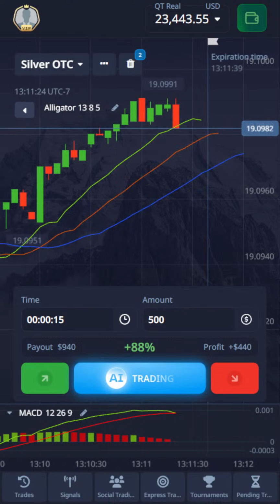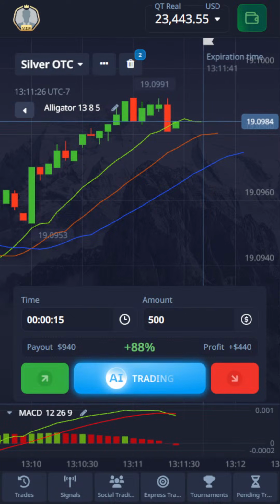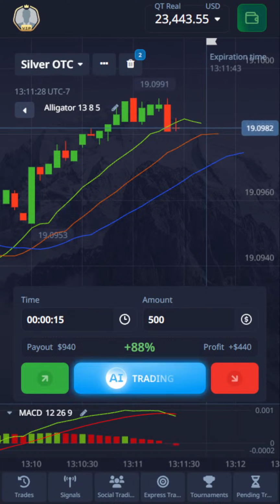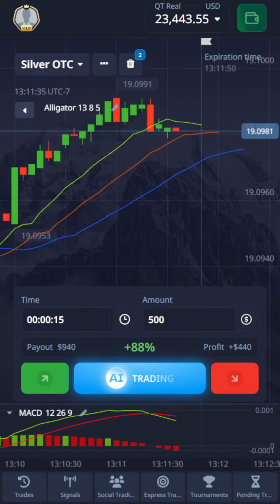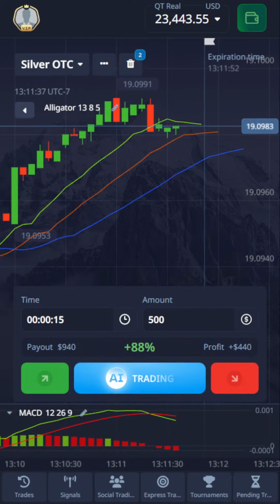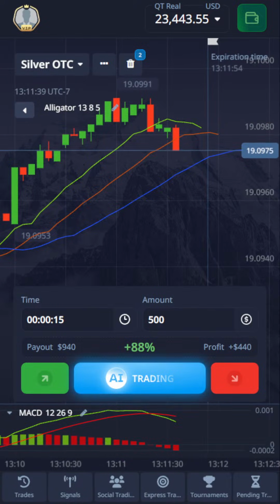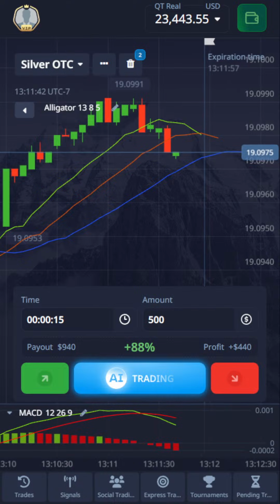So what does that mean? That simply means that we, the people trading using Pocket Option, are trading an open market.